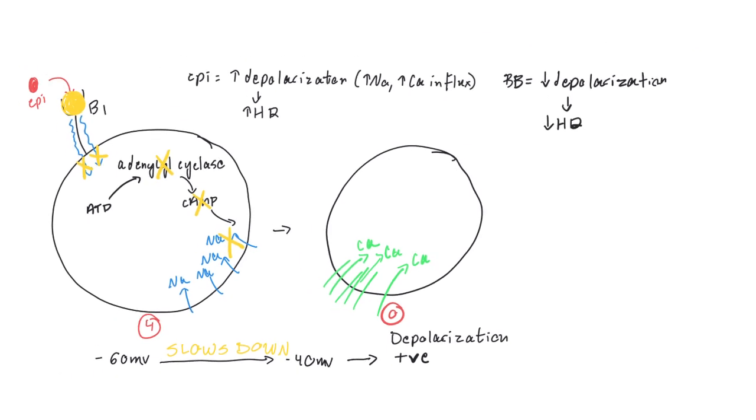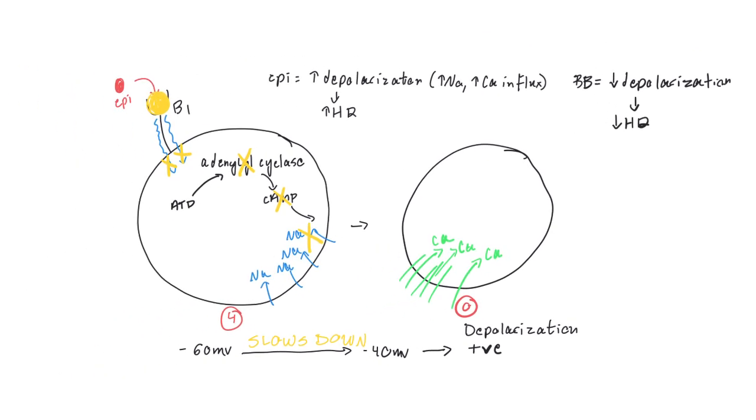So this is the same thing that I drew out on the last slide. I've just drawn it out differently so that you can really understand what's happening in the cell. If we block the beta receptor, we are not letting that cyclic AMP be created. And so the sodium and calcium isn't going to rush in quite as quickly as it would if we did have all that cyclic AMP being created.